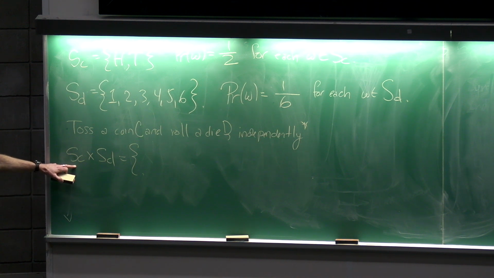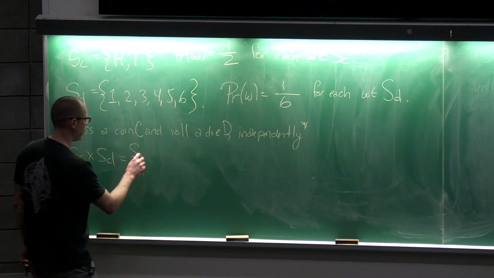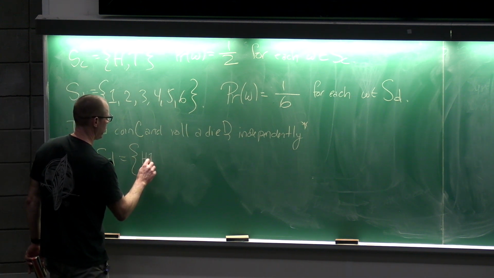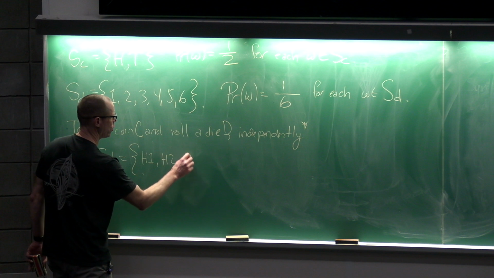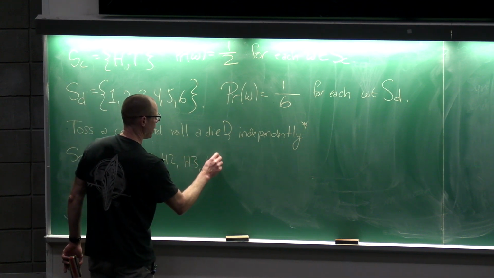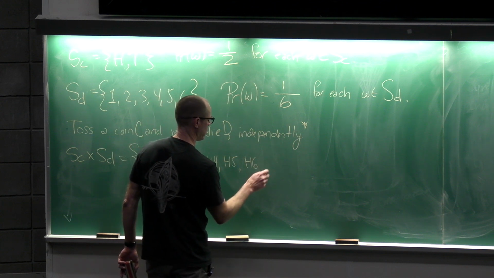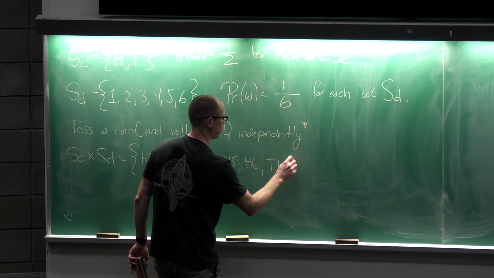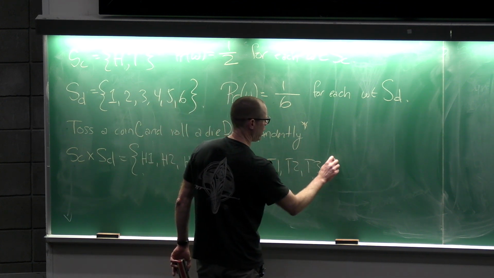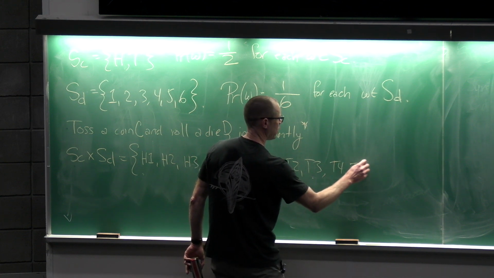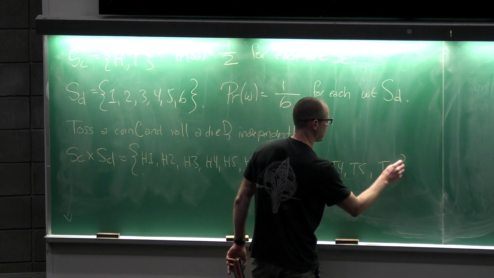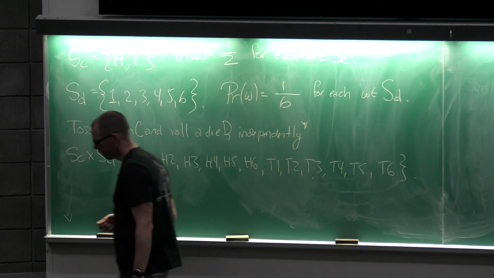The first thing is a coin tossing outcome, and the second thing is a die rolling outcome. So that looks like H1, H2, H3, H4, H5, H6, T1, T2, T3, T4, T5, and T6. Okay.